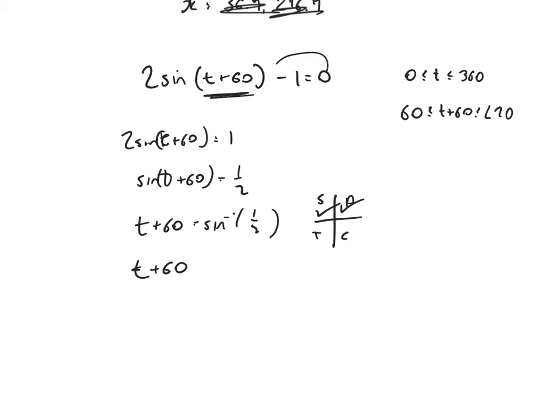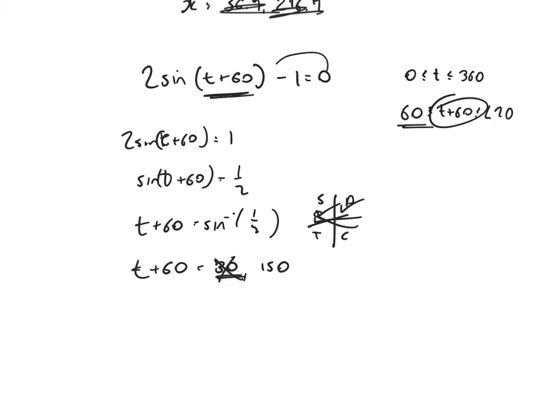So t plus 60 is equal to, we'll shift sine 1/2 is 30 degrees, and in the sine quadrant that will be 180 take away 30, which is 150 degrees. Now I can see at this point that 30 is below my limits for our solutions for t plus 60.